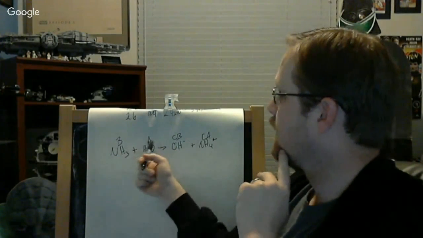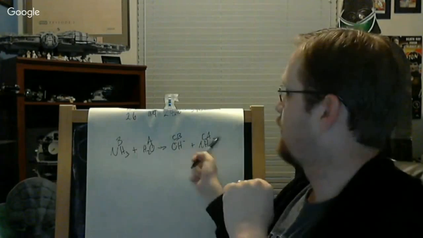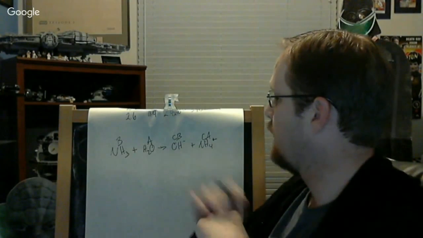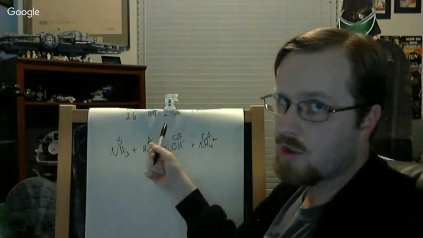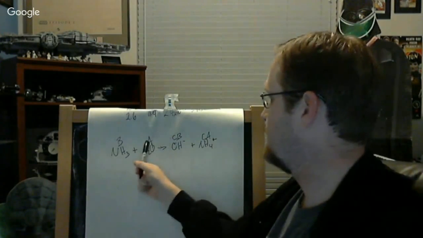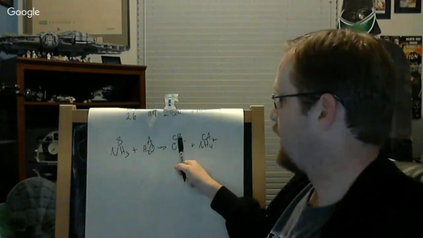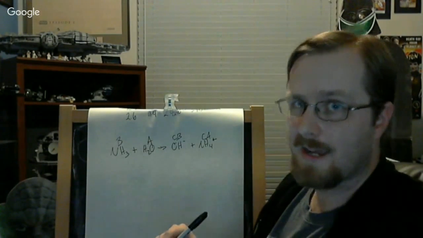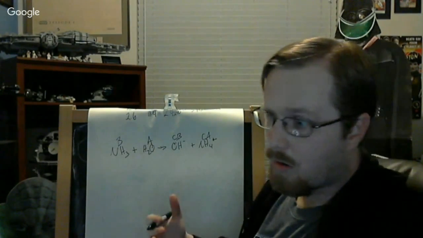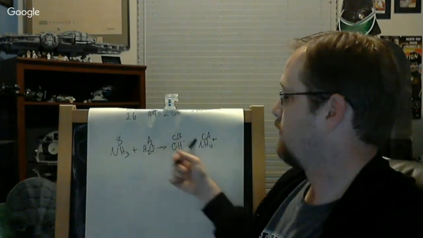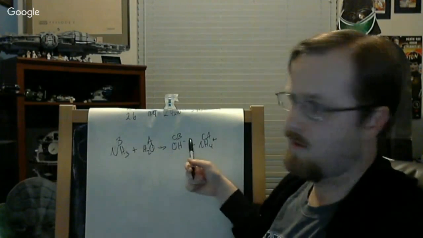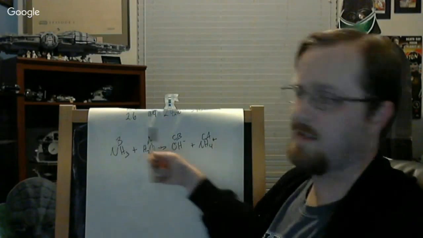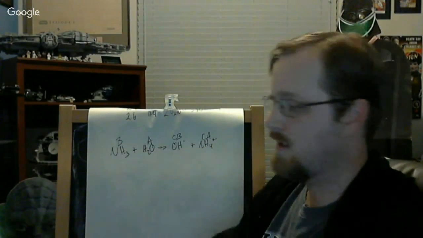Plus, there are a couple different ways you can remember how everything matches up here. One, you could just flat out memorize that the acid will always pair up with the conjugate base, and the base will always pair up with the conjugate acid, or you just read the equation right to left, and then you can figure out what's the acid and what's the base based on the Bronsted-Lowry definition.